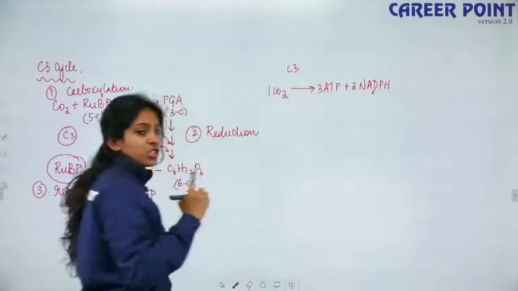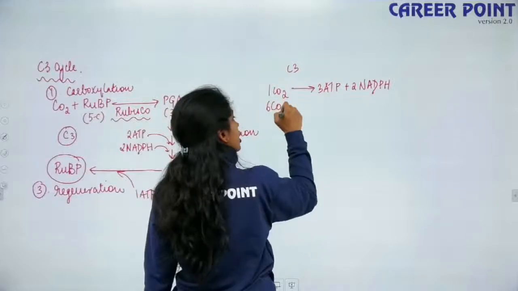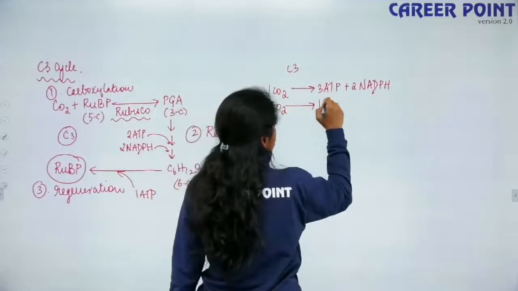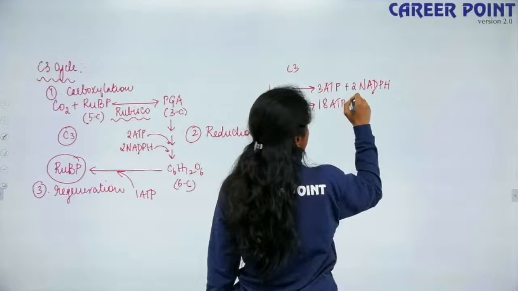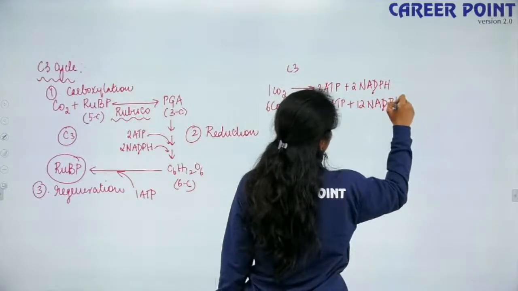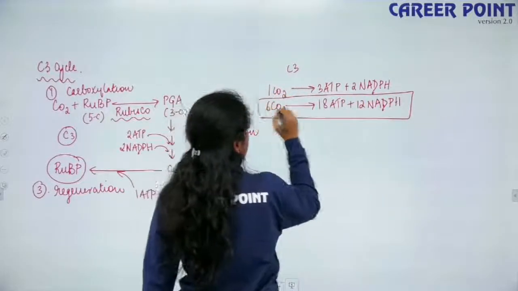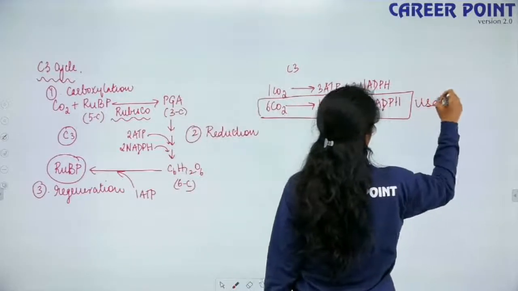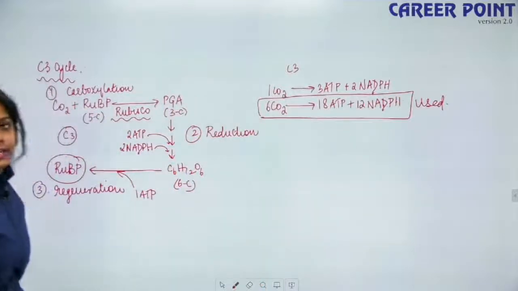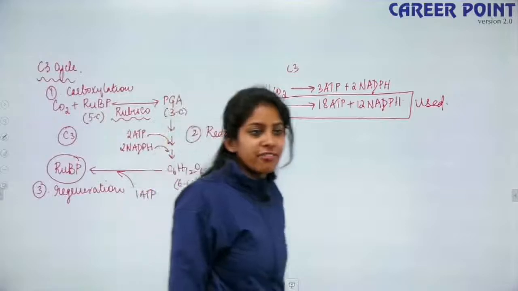But in the equation of photosynthesis, you have 6 molecules of carbon dioxide. So totally you have 18 ATP plus 12 NADPH being used. So this is used, not produced. Understood C3 cycle? Is it not easy? Is it tough?